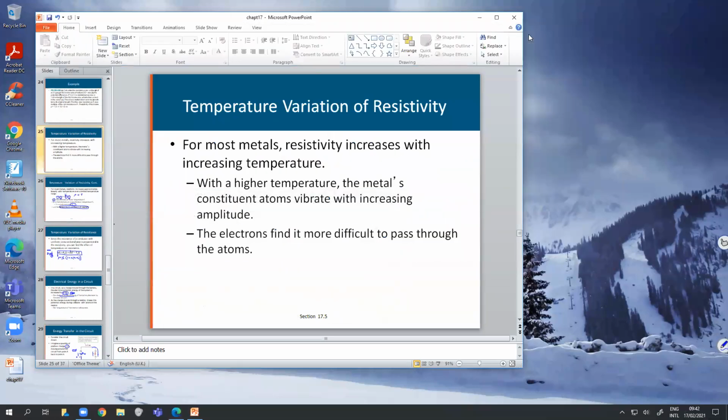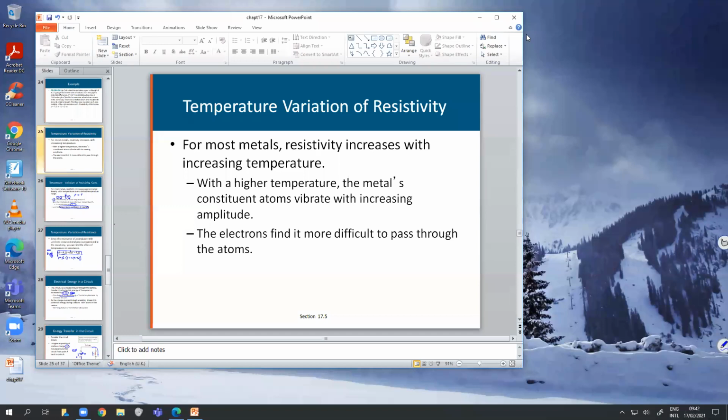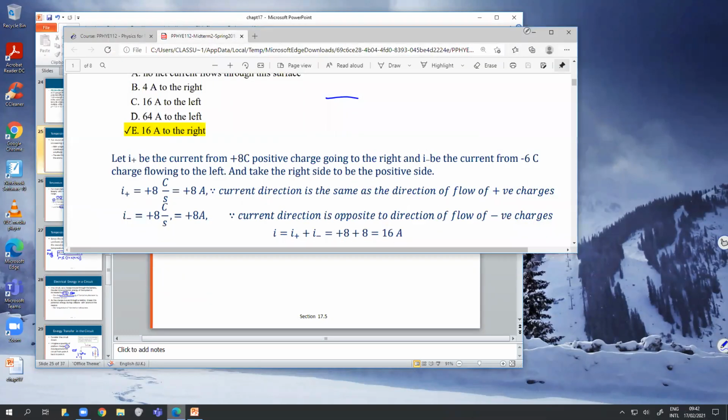Yeah, there is a way here. Oops, what did I do? I closed the whole thing. How did I minimize it? Okay, good.